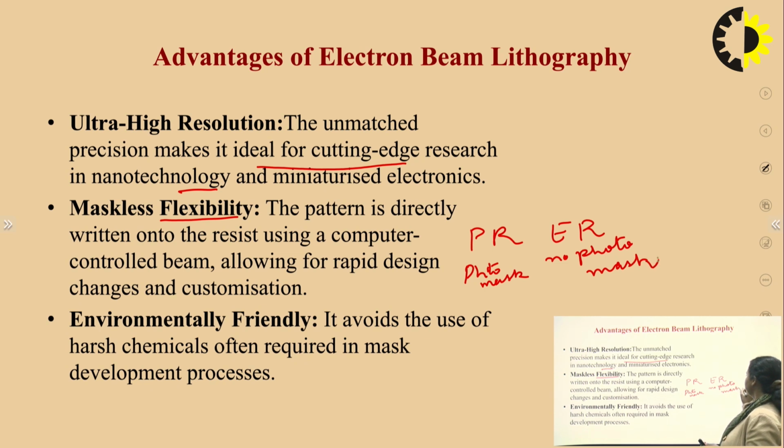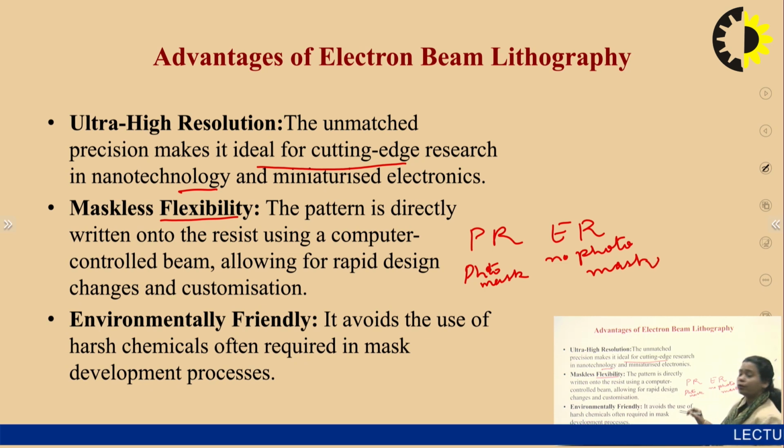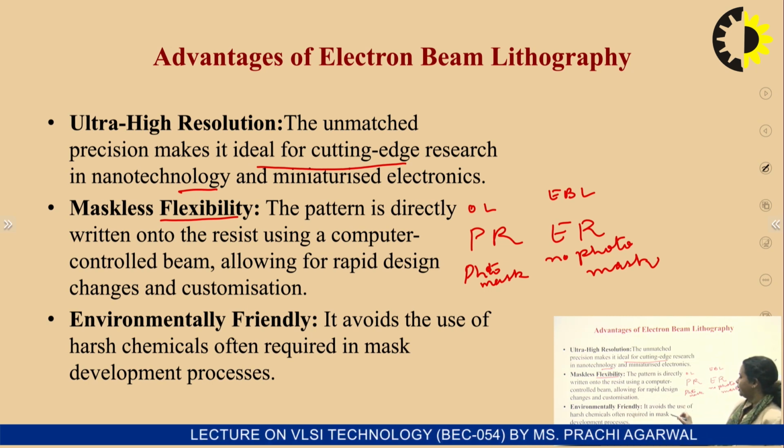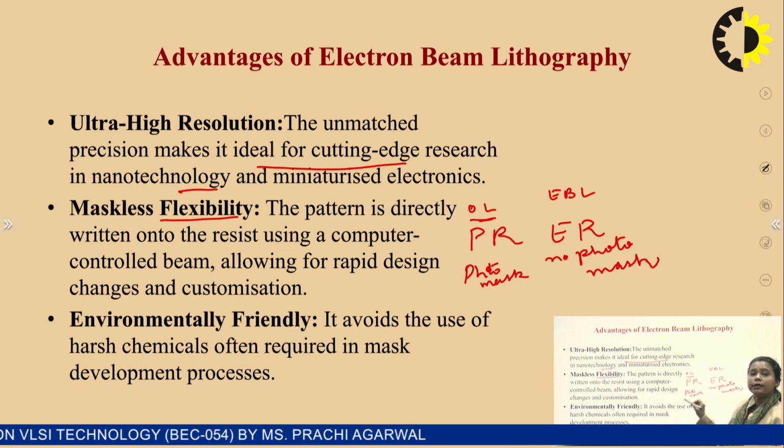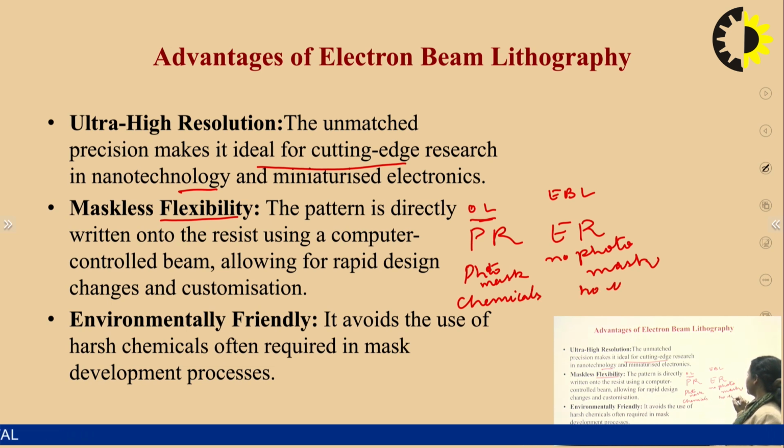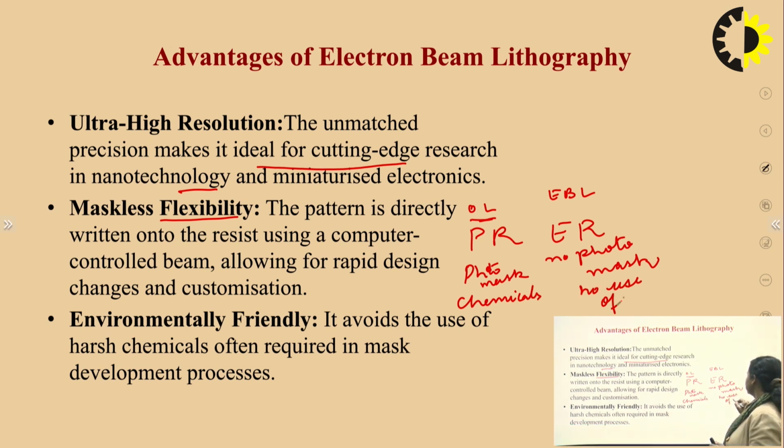This is an important difference you can quote between optical lithography and EBL, right? Then environmentally friendly, it avoids the use of harsh chemicals. There we were using chemicals, here there is no use of chemicals, right?